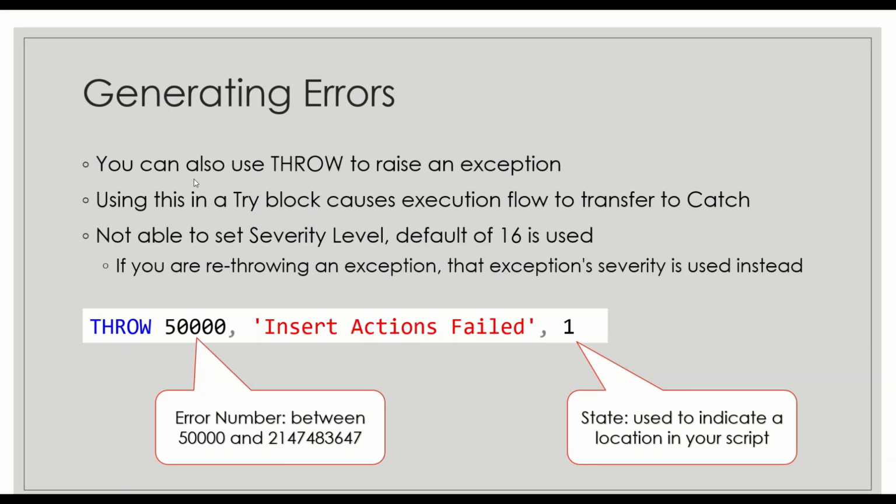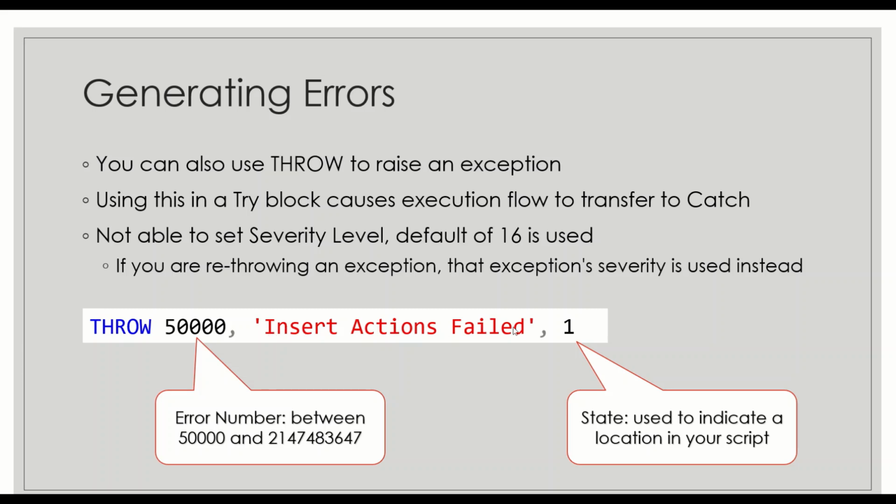When you're generating your own exception, which is the most common use here of throw, you assign it an error number between 50,000 and the int.max, maximum level for integer. This is chosen by you, so you can pick whatever number you want. Any numbers less than 50,000 are reserved for Management Studio to use, so those are taken up already by SQL Server, and they are supposed to be a number that indicates what type of message it is.